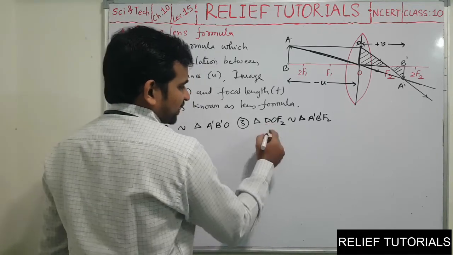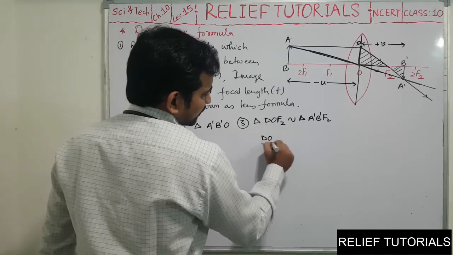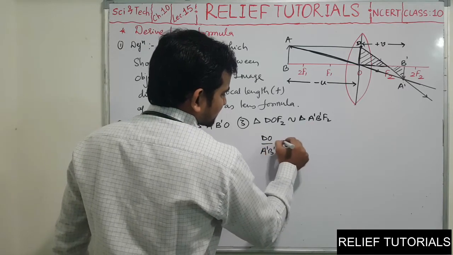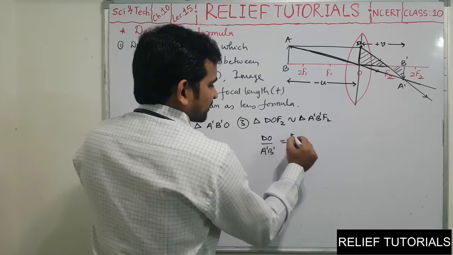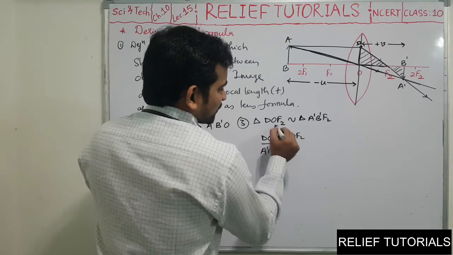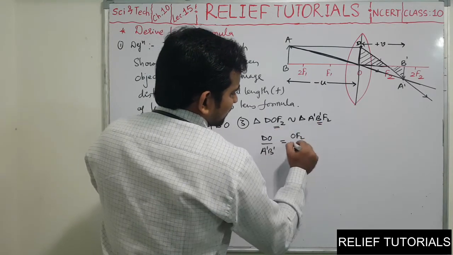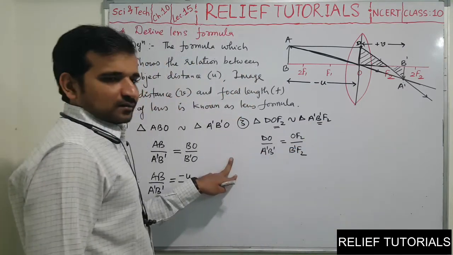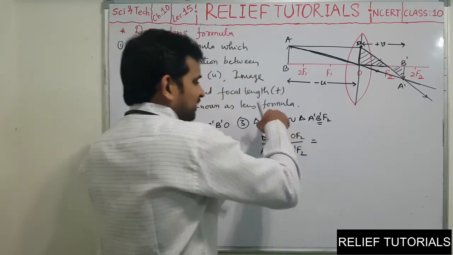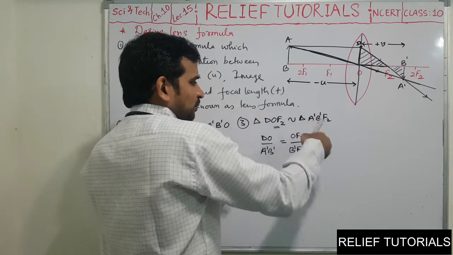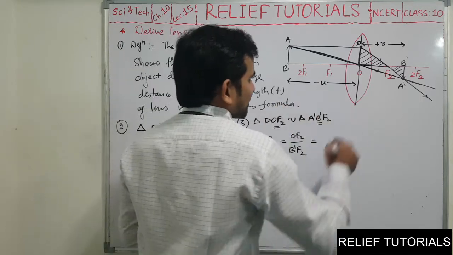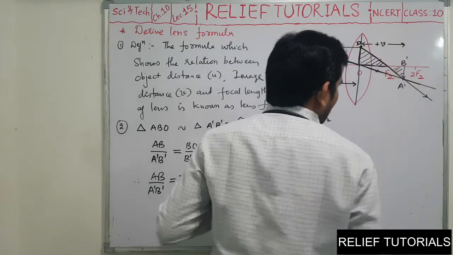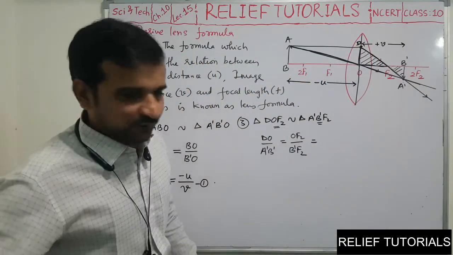So DO upon A dash B dash is equal to OF2 upon B dash F2, and that is equal to BF2 upon A dash F2. But BF2 and A dash F2 are parts of rays, so we don't require that ratio.